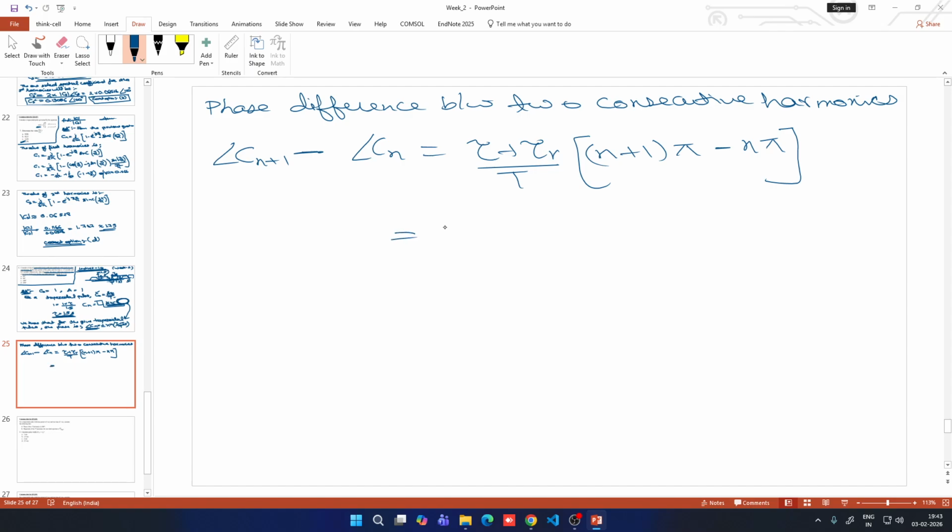Simplifying, it is (tau plus tau r) divided by T into pi. Tau here is 1.5 plus tau r, the rise time, 0.5, divided by 1.5 into pi. When you solve this, it comes out to be 4 pi by 3.